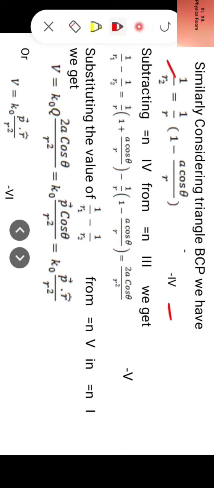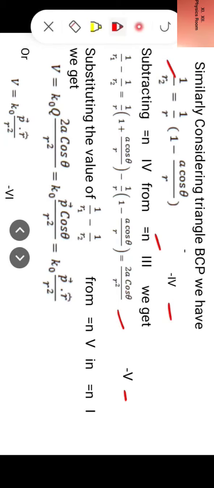Now subtracting equation 4 from equation 3, we get 1 by r1 minus 1 by r2 is equal to 1 by r into 1 plus a cos theta by r bracket closed minus 1 by r into 1 minus a cos theta by r bracket closed, and it is equal to 2a cos theta by r square. Let us mark it as equation 5.